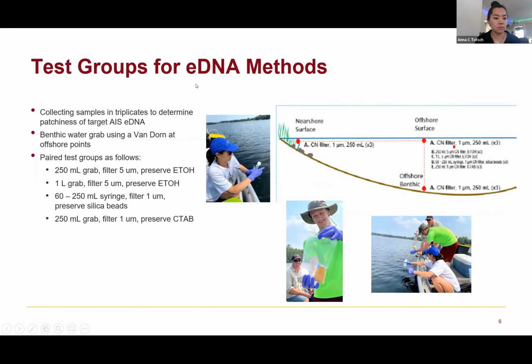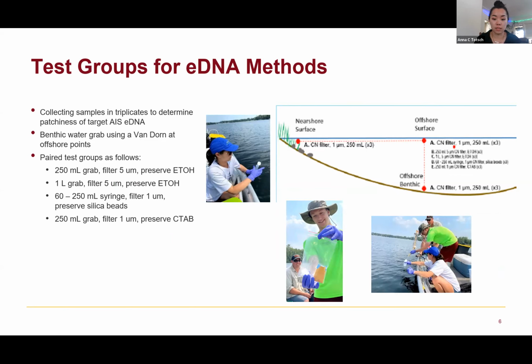For test groups, we collected samples in triplicates to determine the patchiness of target AIS eDNA. We did benthic water grabs using a Van Dorn at offshore points, and we also did a bunch of paired test groups, such as 250 milliliter grabs with a filter of 5 microns and a preserve of ethanol, and 1 liter grabs with a filter of 5 microns, preserved in ethanol.